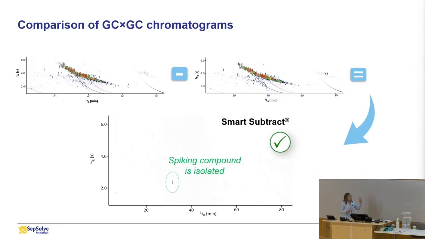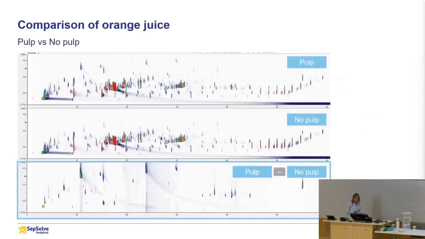So we came out last year with a chemometrics-based smart subtraction, and in this specific example, only one compound was spiked, and it performs very well at picking out just the things that are actually changing. Now, when we do that for the pulp versus no pulp example, we can clearly see where the differences lie, and that there are quite a few that we visually just couldn't see.